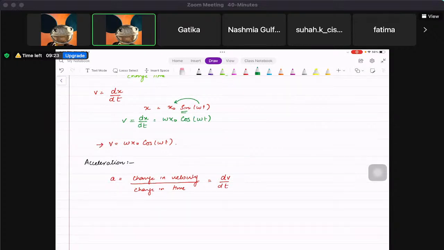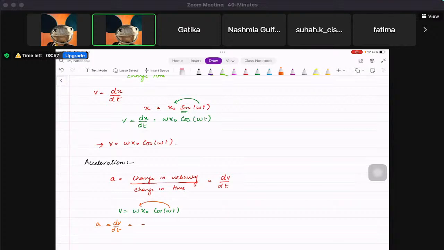Now, what is our equation? Our equation is v equals omega x naught cos of omega t. So who's going to tell me, if I want to find dv by dt, cos changes to what? Negative sine, and this omega will also come out again. So what am I going to get?